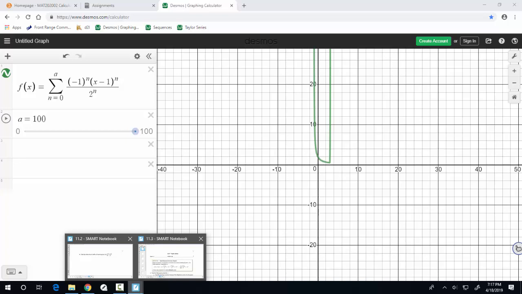Okay, so if your ratio, we're testing the absolute value, so that's the ratio. That's what we're inserting, we're testing for convergence. We have to say, I want this to converge, so this has to be less than 1.